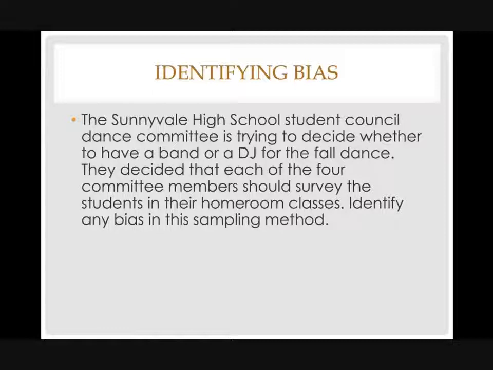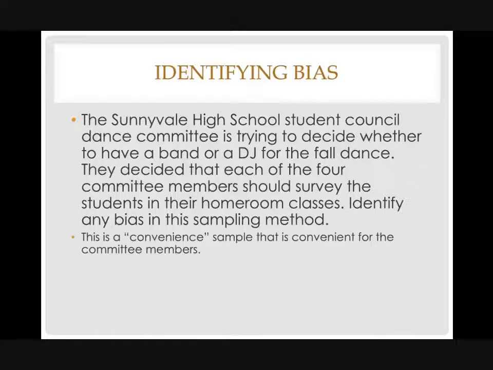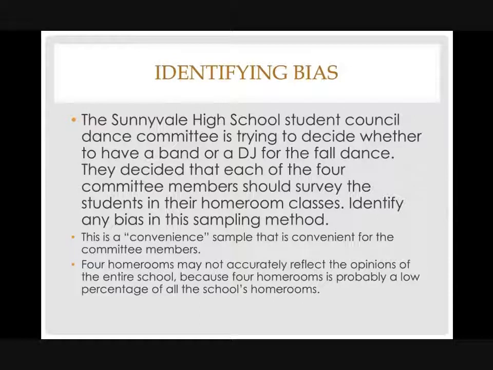Identify any biases with the sampling method. Well, this would be considered a convenience sample, in that it's convenient for the committee members. It's not necessarily random. Also, 4 homerooms may not accurately reflect the opinions of the entire school, because 4 homerooms is probably a low percentage of all the school's homerooms.